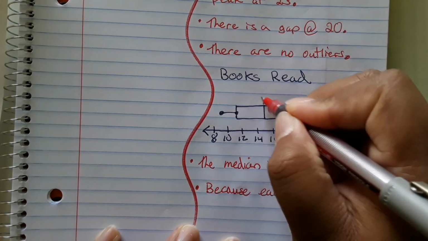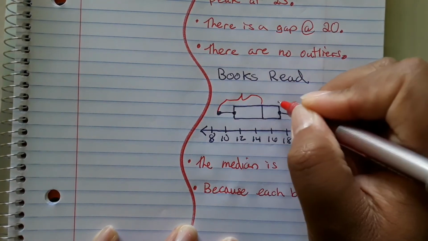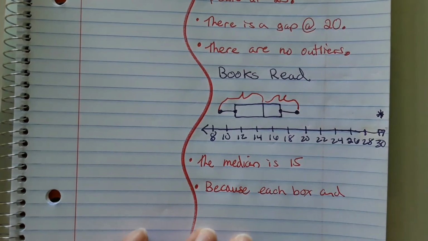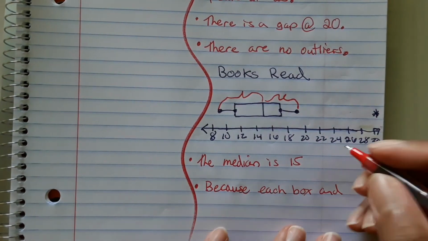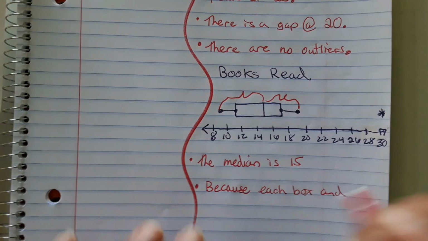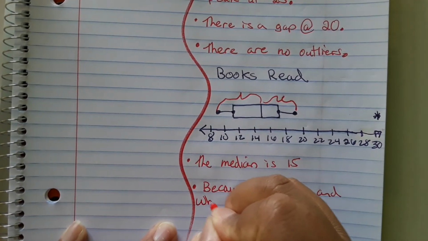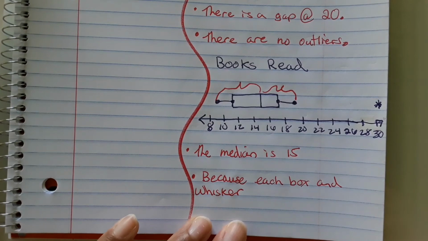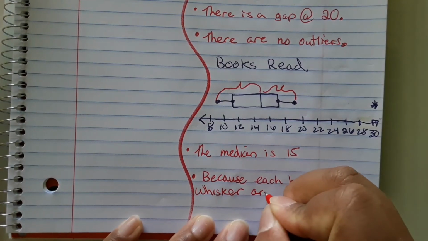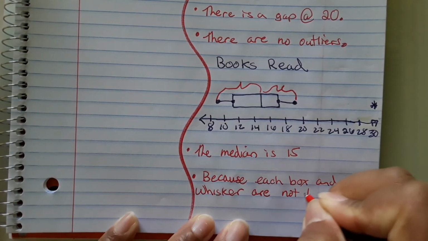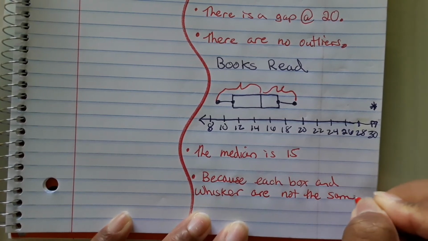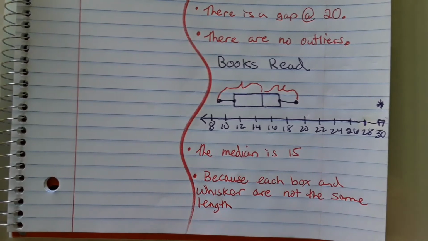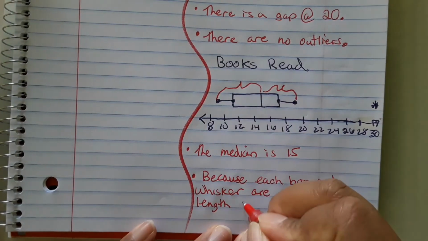So because this section here is longer than this section here, because each box and whiskers are not the same length, the data is not symmetrical.